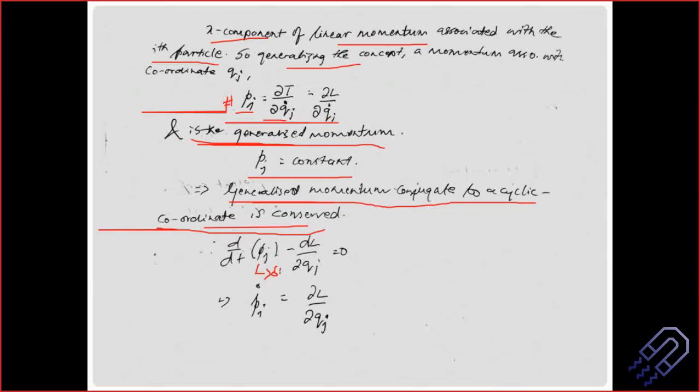If it is a cyclic coordinate, del L del Qj is equal to 0, but if you don't consider the cyclic coordinate, this Pj dot will be nothing but del L del Qj. We'll need to use it, but don't include it in your answer. This is just additional information that we should have. So this Pj represents the conjugate momentum. I think that is far more important.